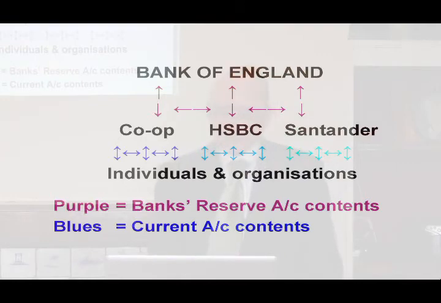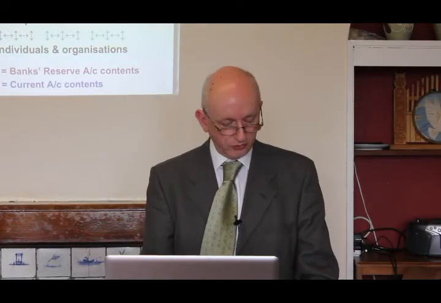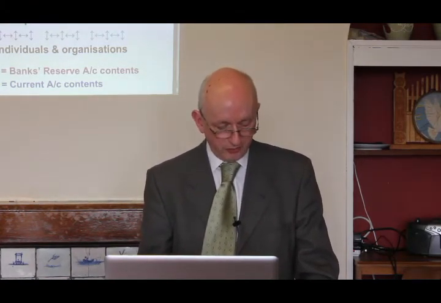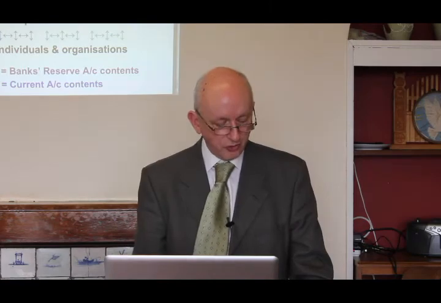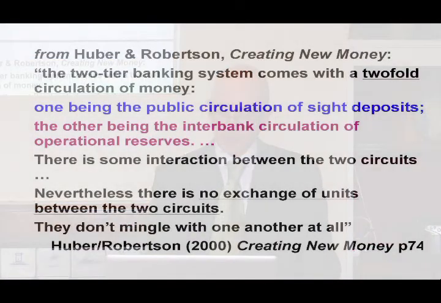When I was first trying to work out what was going on, one of the first clues I got was from a book by James Robertson, one of the people who's receiving an award this afternoon, and Joseph Huber, Creating New Money. And they say that the two-tier banking system comes with a twofold circulation of money. One being the public circulation of sight deposits, which is a technical term meaning the current account type money. So I've put that in blue.